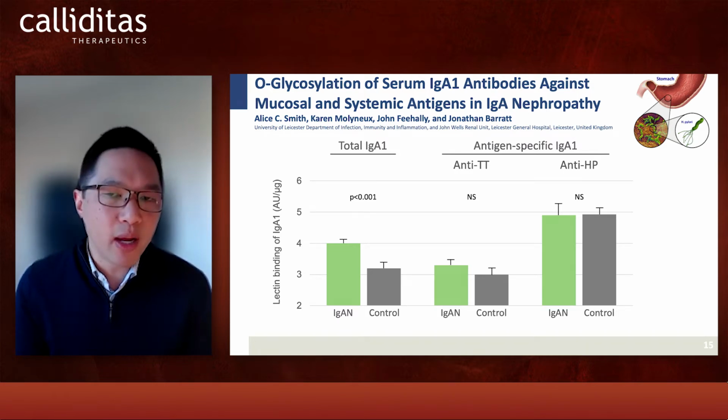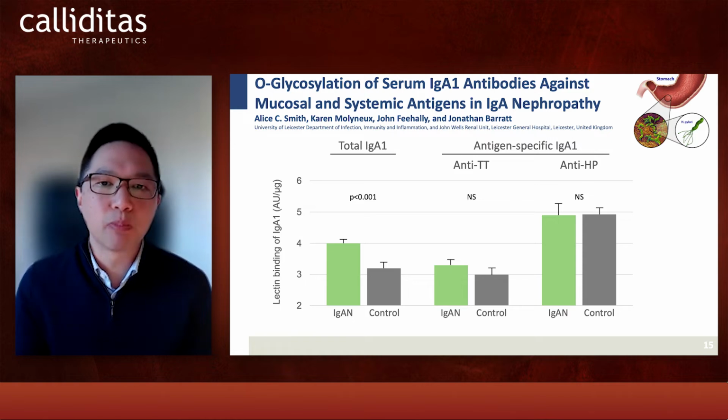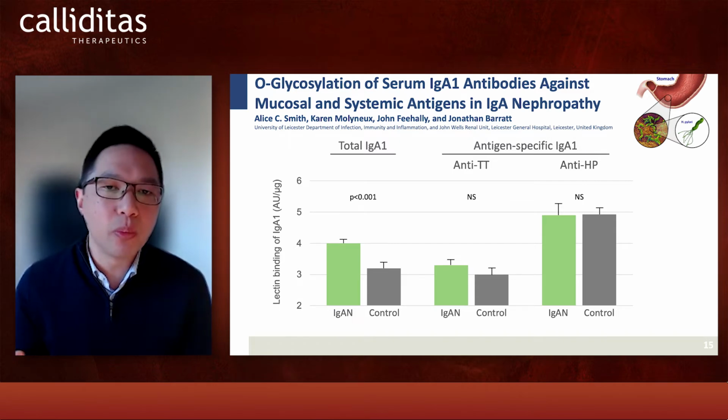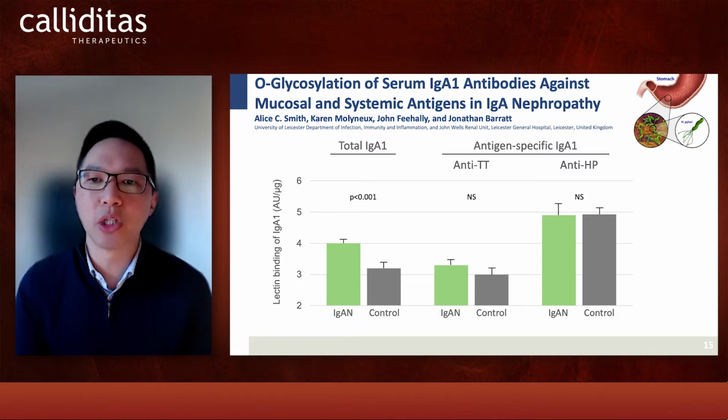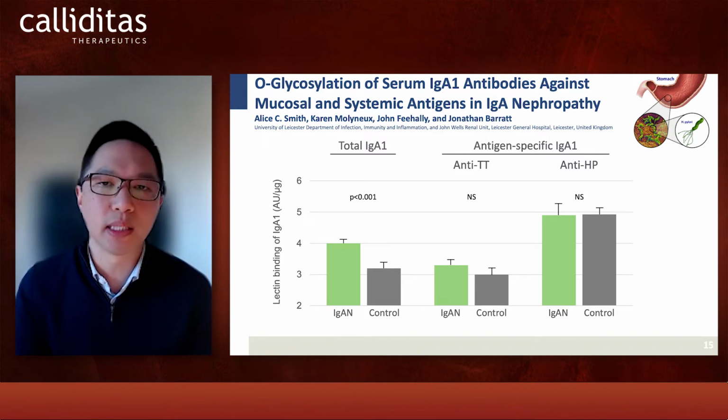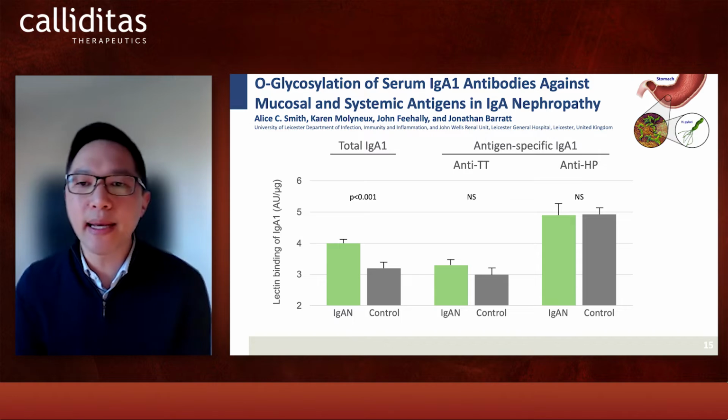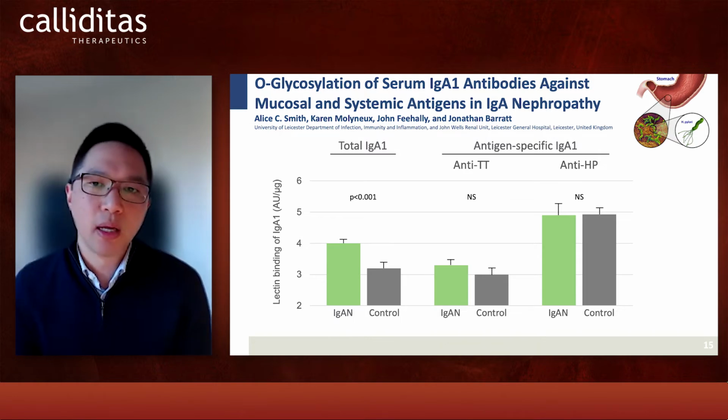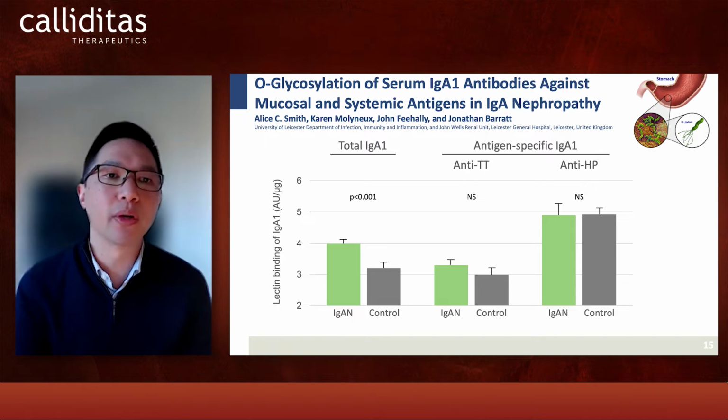What they found in this study was that responses against tetanus toxoid in the IgA system showed low levels of leptin binding and therefore normal or high galactose content IgA, as you'd expect within the circulation. But again, against our mucosal antigen, the form of IgA that was produced had high leptin binding, so low levels of galactose or undergalactosylated IgA1.